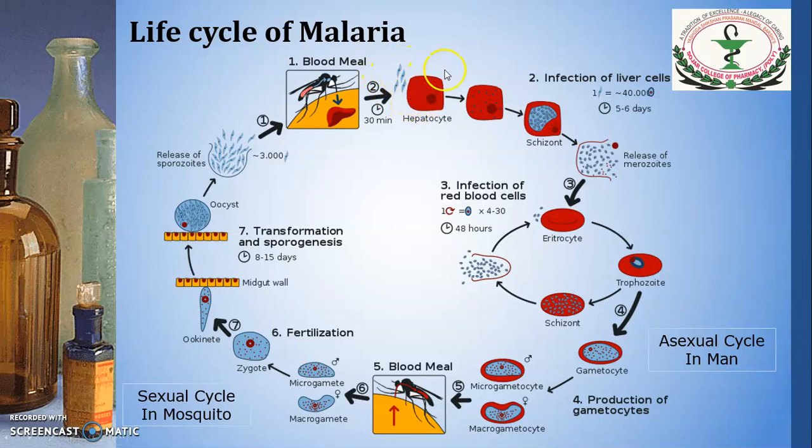Then they will go to the hepatocyte, and there they will develop, divide, redivide, and break up that hepatocyte and release the merozoites. So this is the infection of the liver cell.